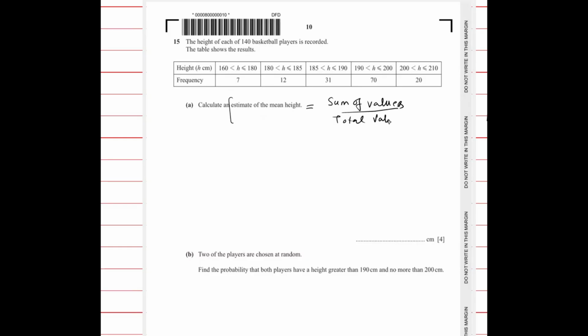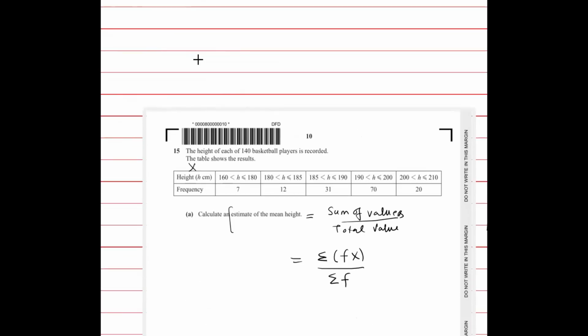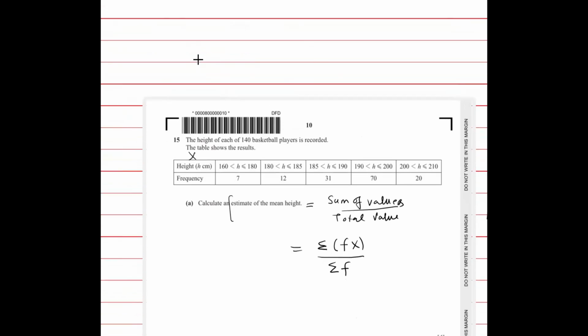And the sum of values we can calculate by this formula: the sum of f multiplied by x, and the total is the sum of f. X is the middle value of the class interval and f is the frequency.